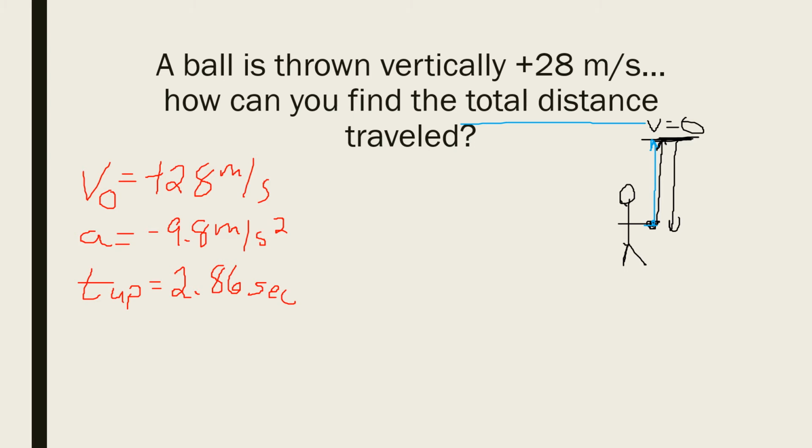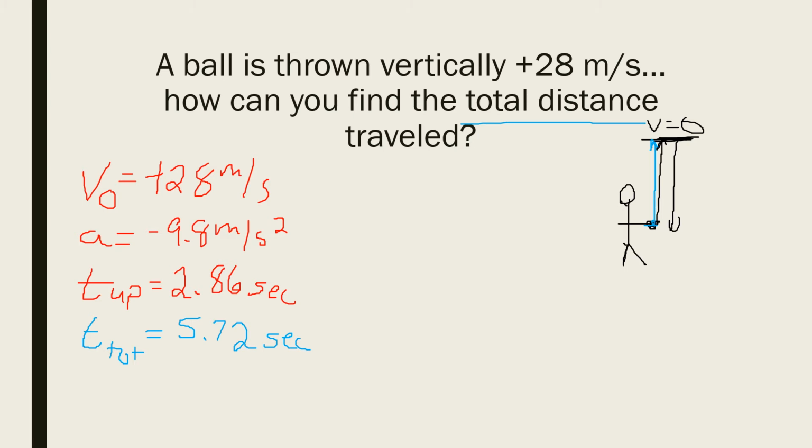Wait, if I need the total distance, could I just take the t total, which I already solved from the other page, and it was the 5.72. Could I just take this and plug it into the d equals v naught t plus 1/2 at squared equation? Please don't forget, if you did that, that equation would equal 0.